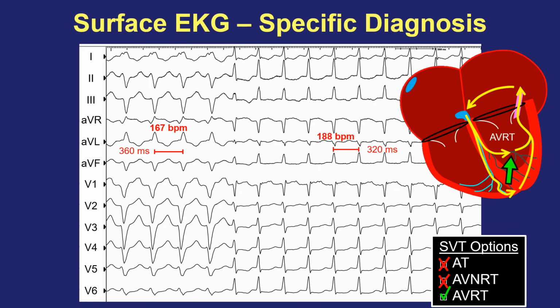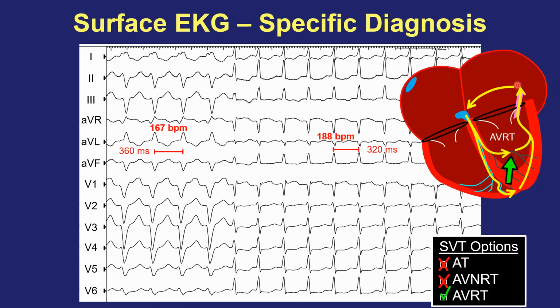So getting back to that asterisk, when you are going round and round in a larger circuit and it takes longer to get from V to A, you'd think, why shouldn't that always create a longer cycle length, a slower rate? Well, it turns out when you think about the AV node component of this circuit, if you were to speed up, let's say you have a left bundle branch block and you recover it, and now you have a shorter VA time, that means that you're going to get up to the atrium early and you're going to hit the AV node earlier than you would have, and you can get some decrement because we know so well by now that the AV node has decremental properties.